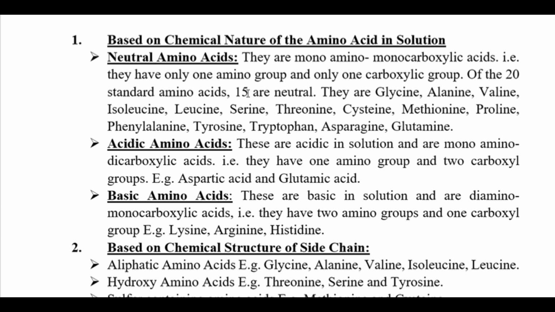So the first one, which is neutral amino acids, are monoamino monocarboxylic acids, meaning they have just one amino group and one carboxylic acid group. And out of the 20 standard amino acids, 15 of them are neutral, and they are glycine, alanine, valine, isoleucine, leucine, serine, threonine, cysteine, methionine, proline, phenylalanine, thyroxine, tryptophan, asparagine, glutamine.